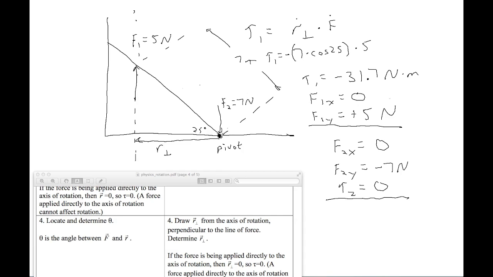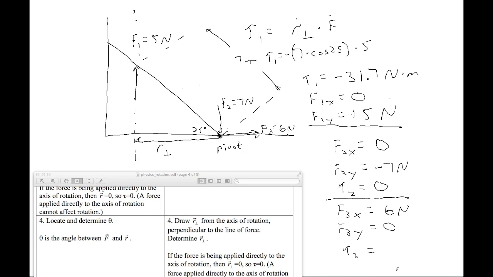And let's also, at this point, do F3, 6 newtons. So what would be F3x? Okay, so F3 of x is 6 newtons. So then F3 of y is 0.